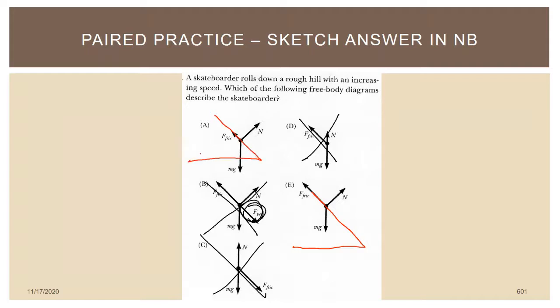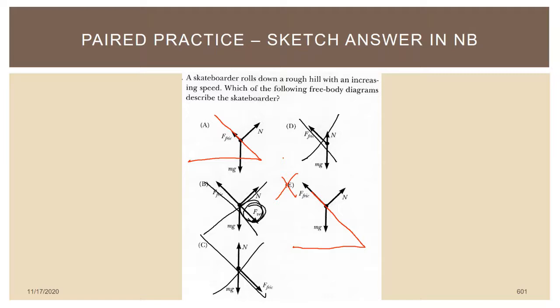And so now the question is, well, which one is showing you these forces drawn to the appropriate scale? And if you look, E is wrong. E is wrong for a bunch of reasons. First of all, the weight is supposed to be the largest force shown there, and the friction is shown as being the largest force. It also shows the normal force as being equal to the weight, but that's not true.